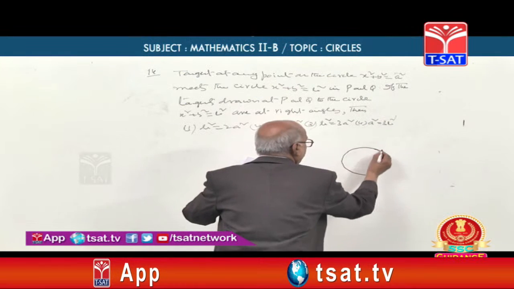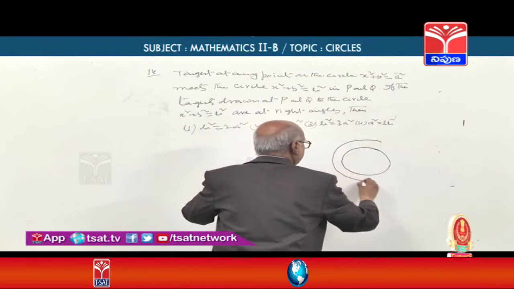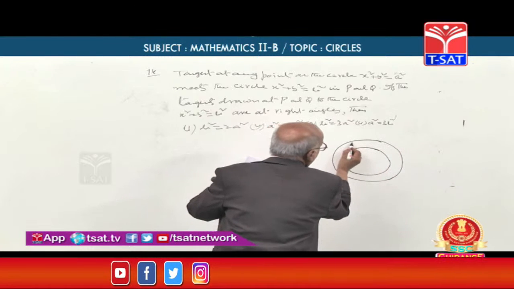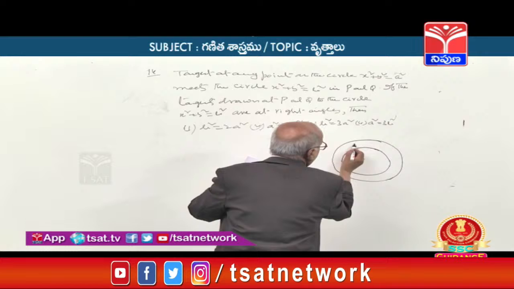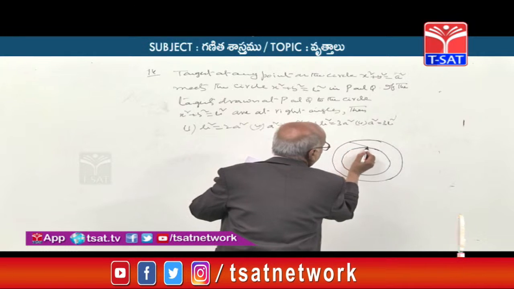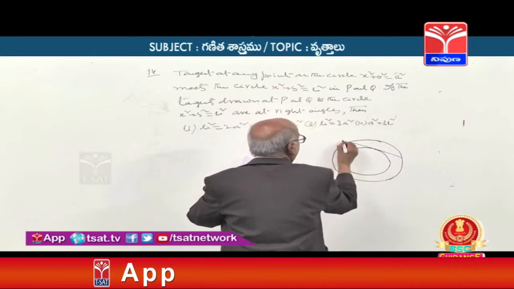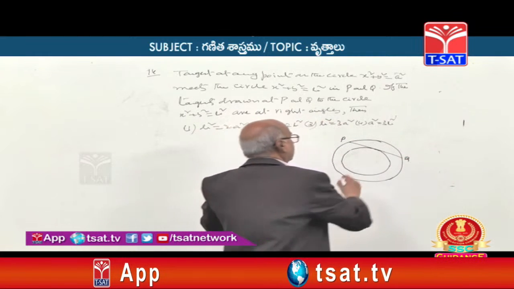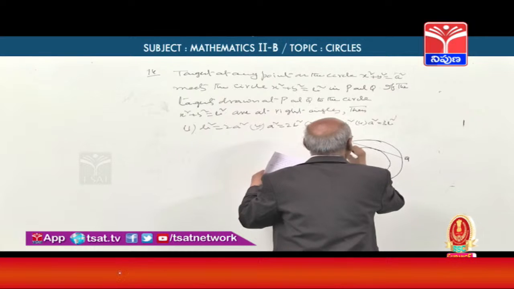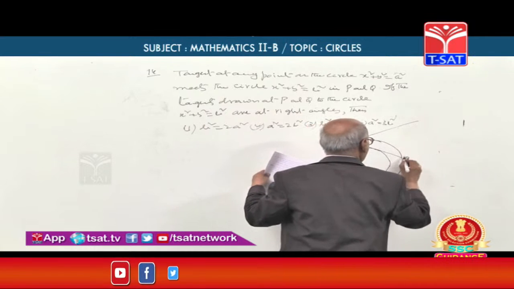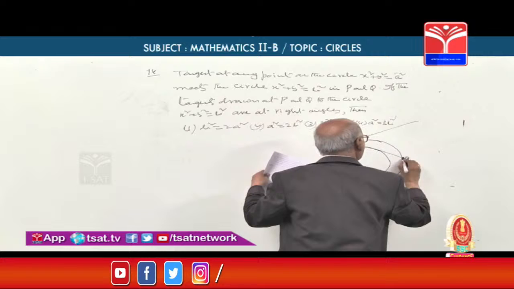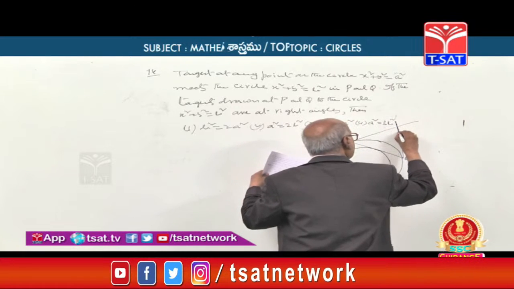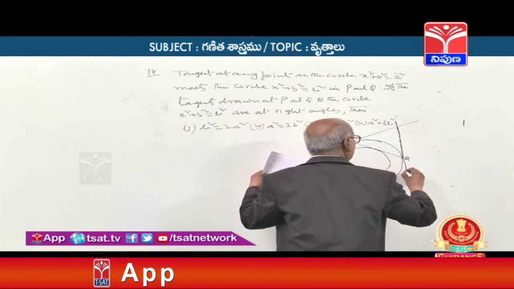And of course, by hypothesis b is greater than a, because the tangent drawn at any point of the inner circle meets the outer circle in P and Q. Now, at this point, the tangents are also drawn to the outer circle.